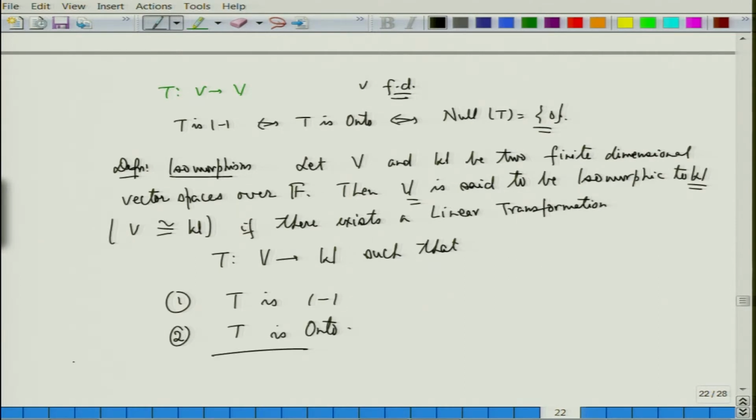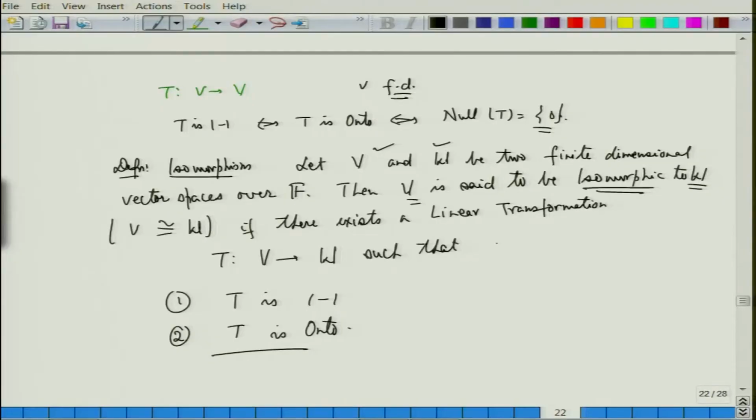Is that okay? So you can see that in some sense I have used these ideas somewhere. We are saying that two vector spaces are isomorphic if I can get a linear transformation T from one to the other such that T is 1-1 as well as onto.